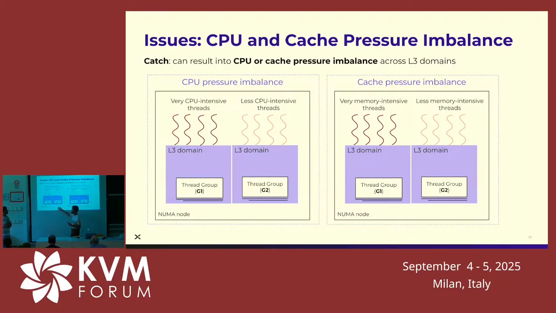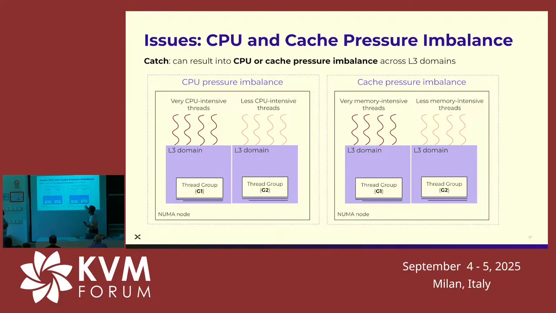In that case, this first L3 domain will face a lot of CPU pressure, and all the threads running on it will compete for CPU resources and affect one another's performance. While the other L3 domain might not, there will be suboptimal CPU utilization on that L3 domain. So overall, poor performance plus suboptimal resource utilization, right?